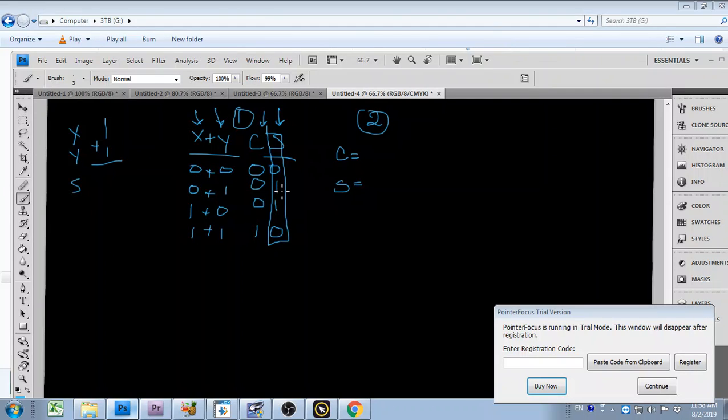If it's a 1, you're going to write X and Y side by side. And if there is a 0, you're going to put a line over it. I know this is all seeming very confusing right now, but trust me, we're going to do this several times and you'll get the hang of it.